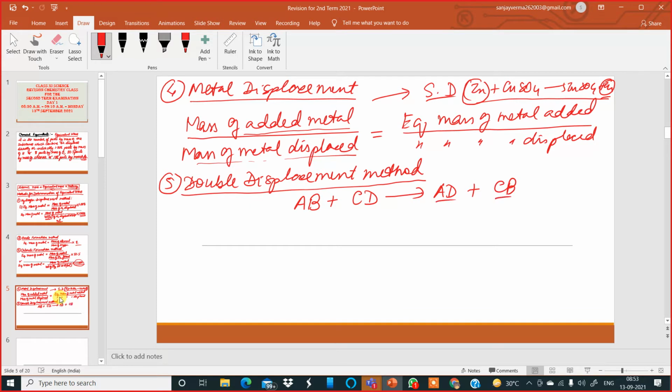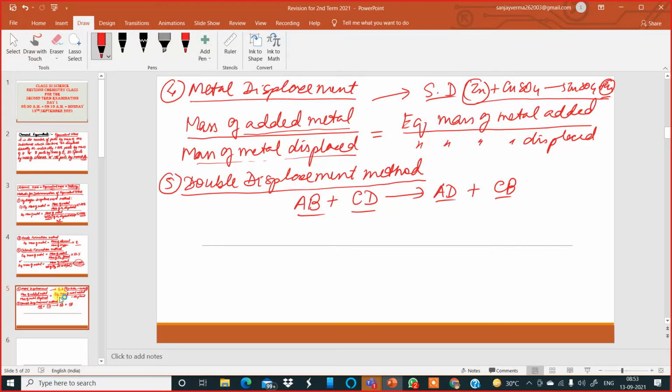Each reactant or product has two parts in it: one is the cationic part, and the other is the anionic part. To determine the equivalent mass by the double displacement method, which is applicable to double decomposition reactions, the formula which can be used is given below.